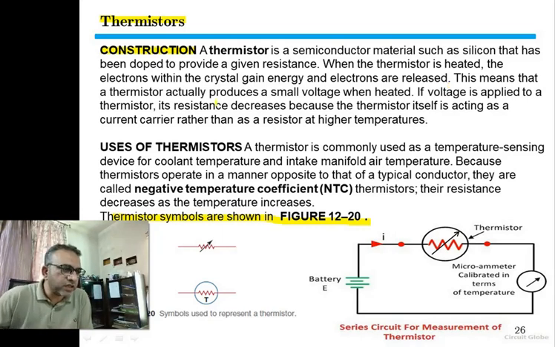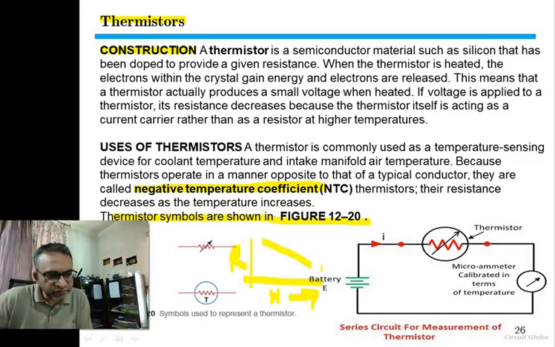Now, what is this negative temperature coefficient? Negative temperature coefficient means that the resistance of the thermistor, as heat is applied, will follow a negative slope.